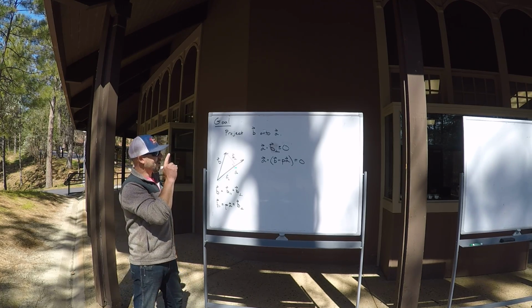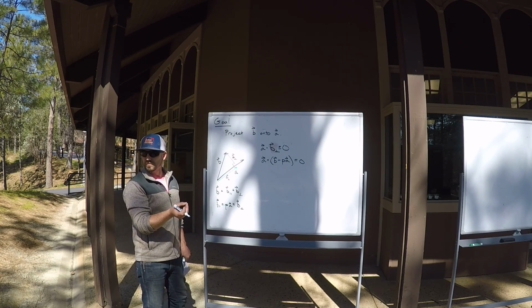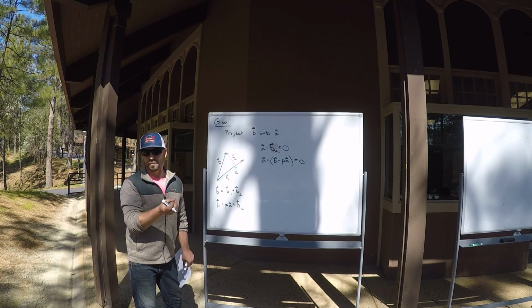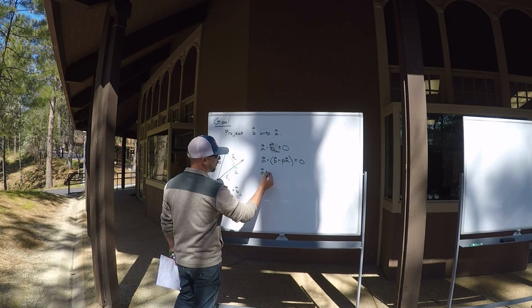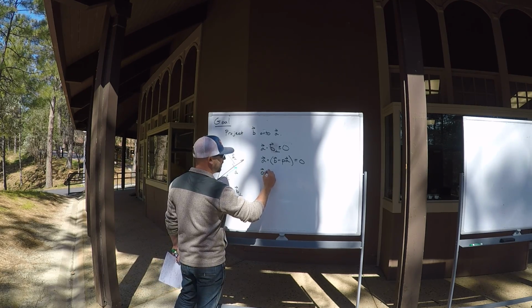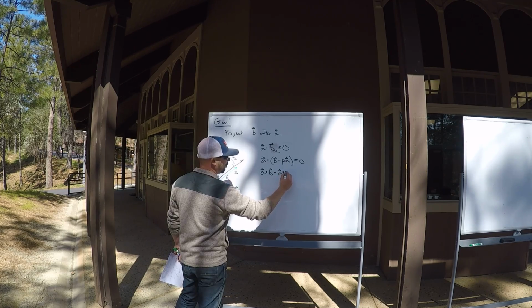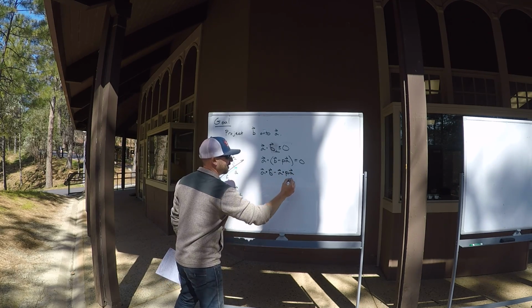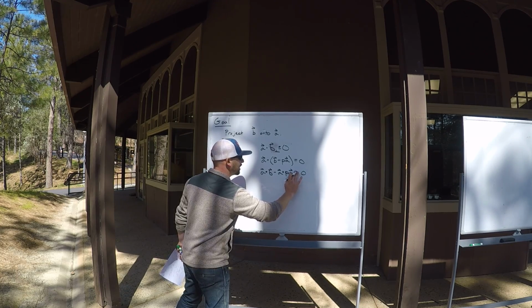Okay, so I've taken this dot product. I'm going to distribute this dot product out using the distributive property of dot products. So I've got A dotted with B minus A dotted with PA. This is going to equal the zero vector, the zero scalar.